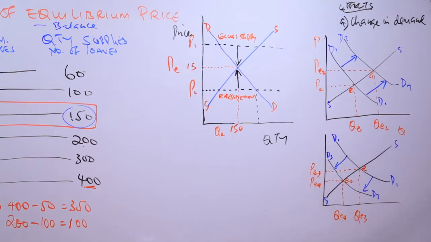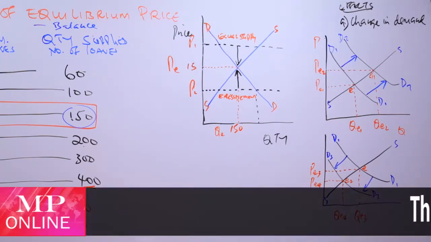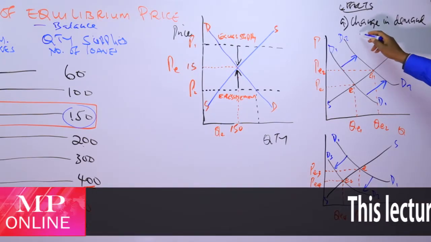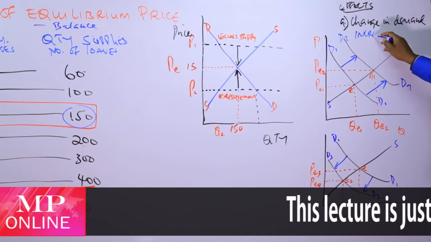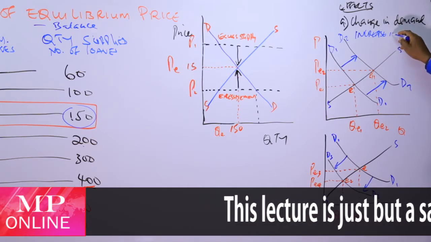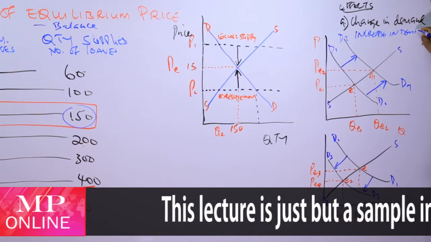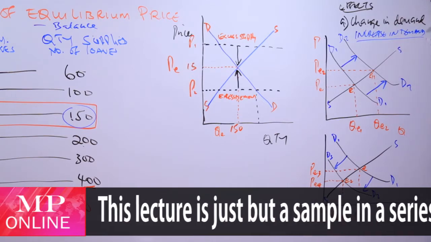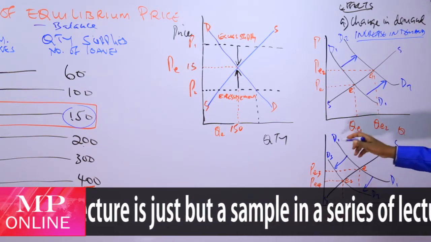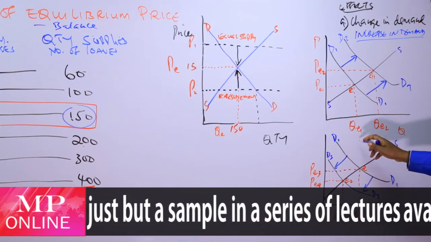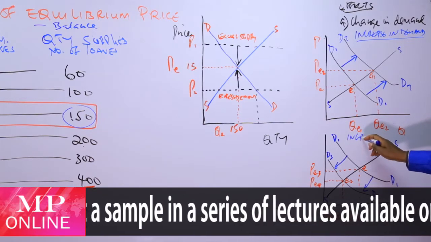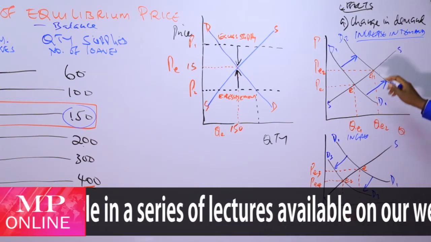So that is a decrease. This diagram shows a decrease in demand. This one shows an increase in demand.